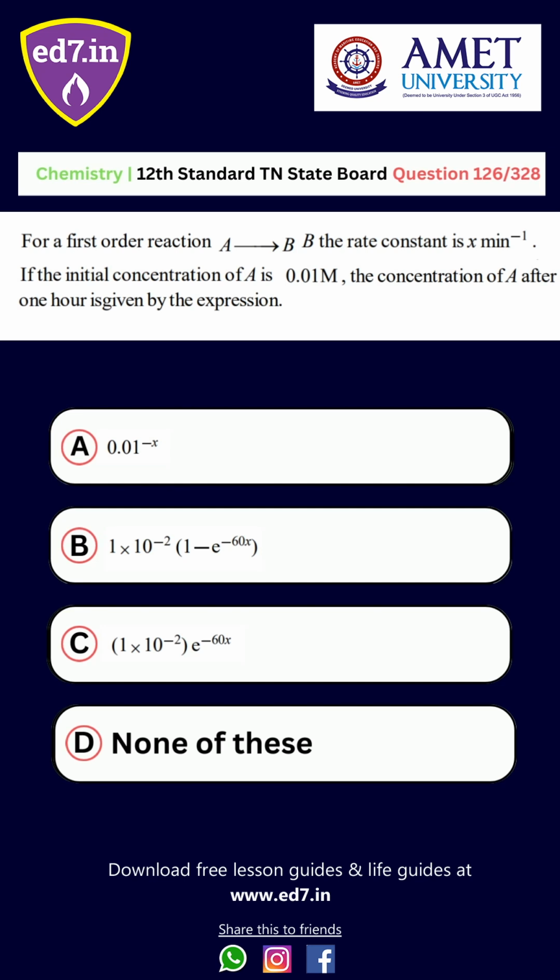Option A, 0.01 minus X. Option B, 1 into 10 to the power minus 2 into 1 minus e power minus 60x. Option C, 1 into 10 to the power minus 2 into e power minus 60x. Option D, none of these. The correct option is option C, 1 into 10 to the power minus 2 e power minus 60x.